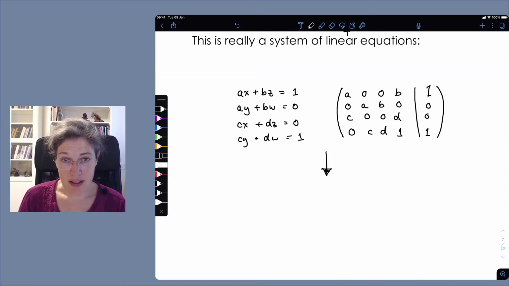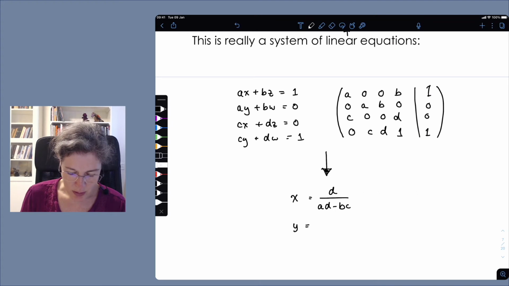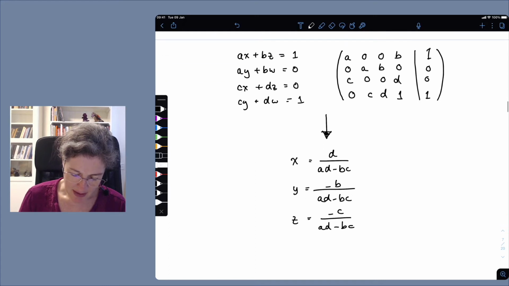But if you do it, the important thing, and this you do have to just know, is your solution will look like this. You will have that x is equal to d over AD minus BC, y is equal to minus b over AD minus BC, z is equal to minus c over AD minus BC, and w is equal to a over AD minus BC.